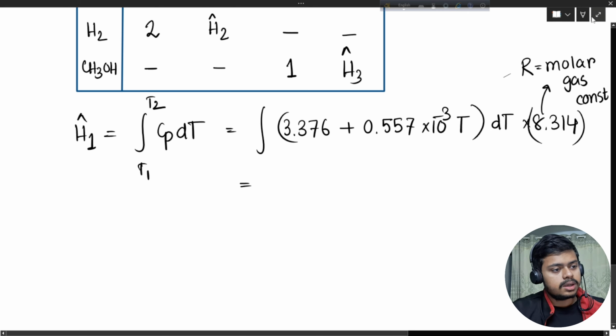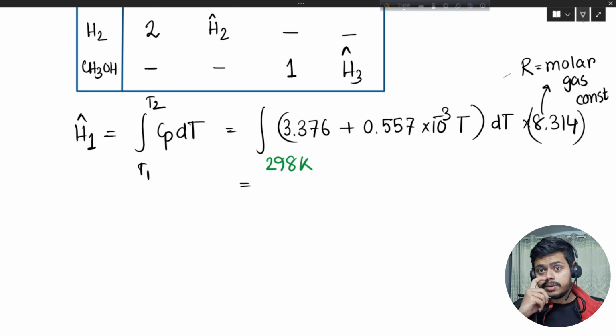So now we're going to calculate the value of this part from temperature 1, which is our reference state at 298 Kelvin. Where did we get this 298 Kelvin? 25 degrees Celsius, which we have converted into Kelvin, and then we're going to elevate it up to 800 degrees Celsius. Notice a very important thing.